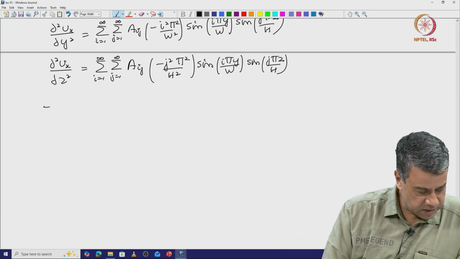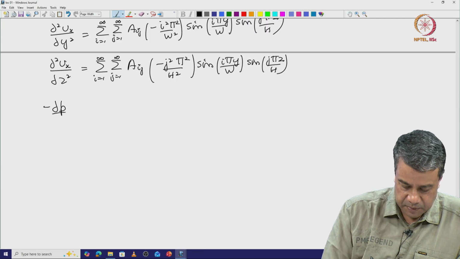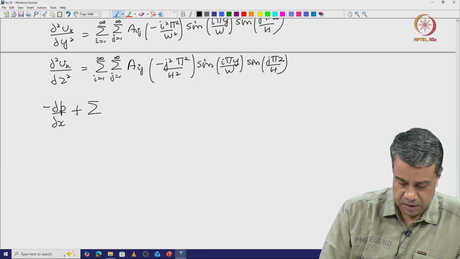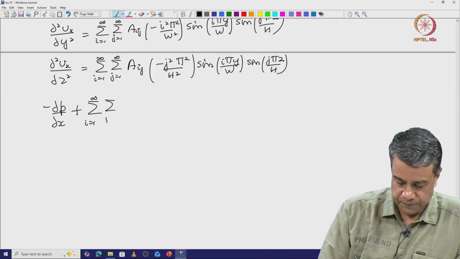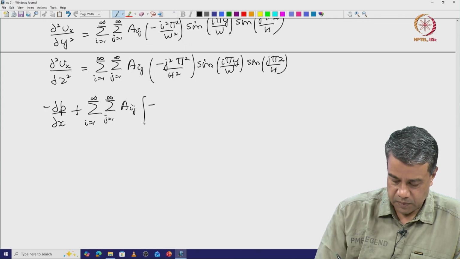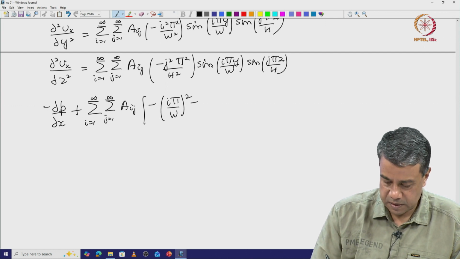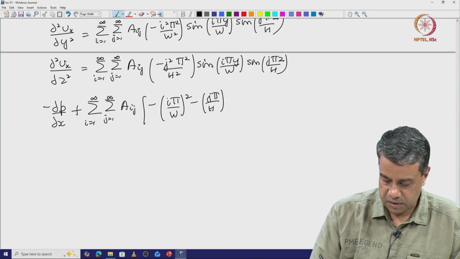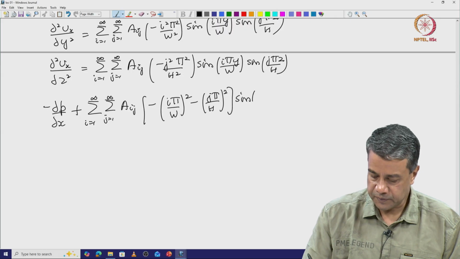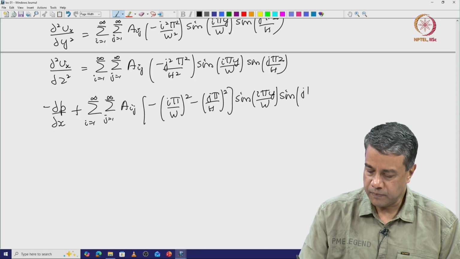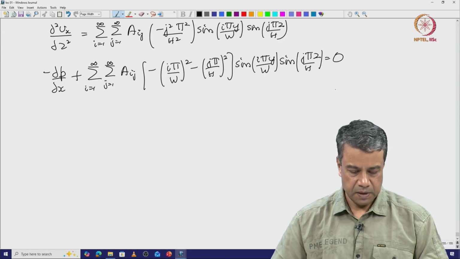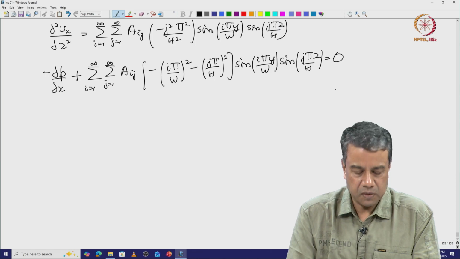Conservation equation: minus partial p by partial x plus summation i equal to 1 to infinity, into minus of i pi by w the whole square minus j pi by h the whole square sine. And how do I determine the coefficients aij?